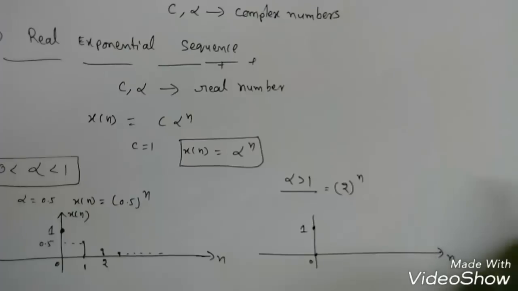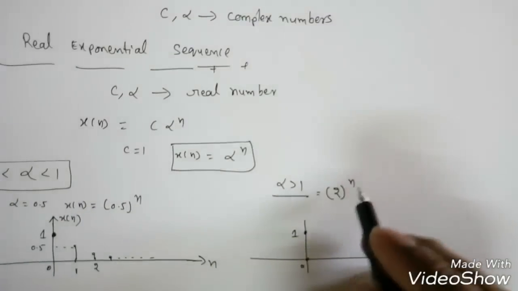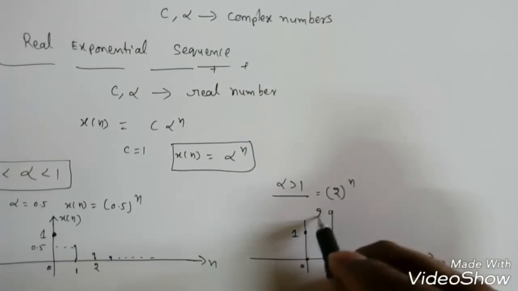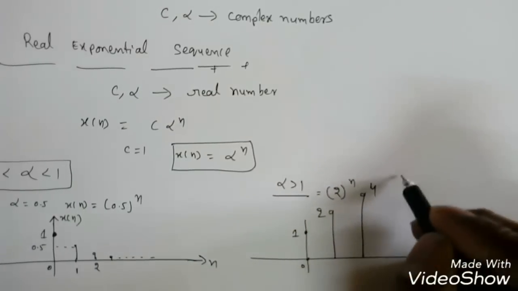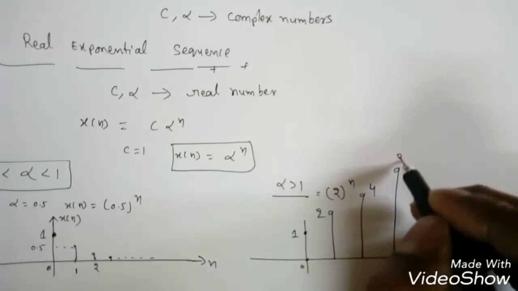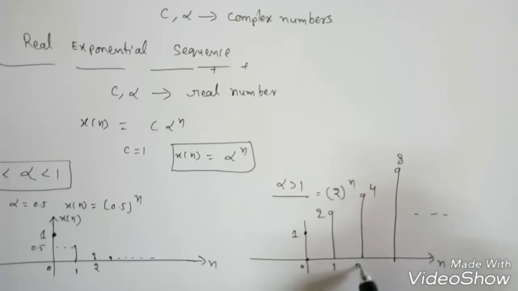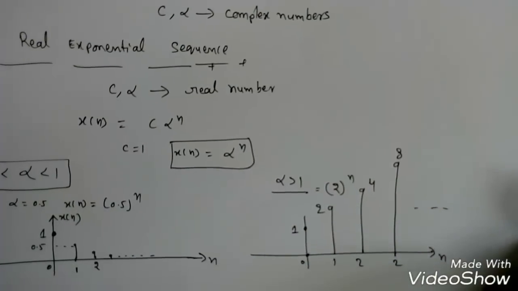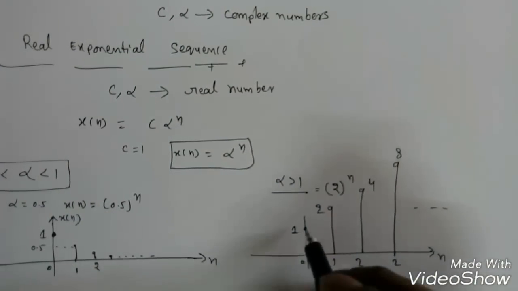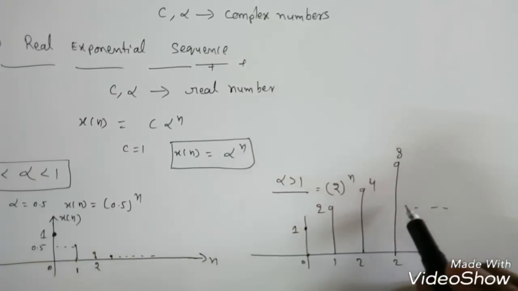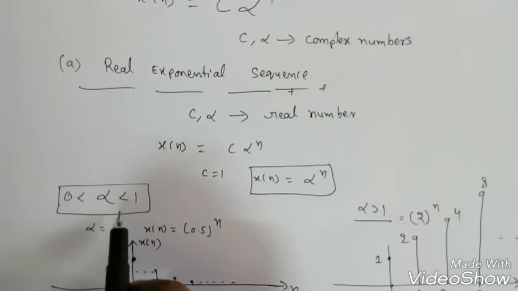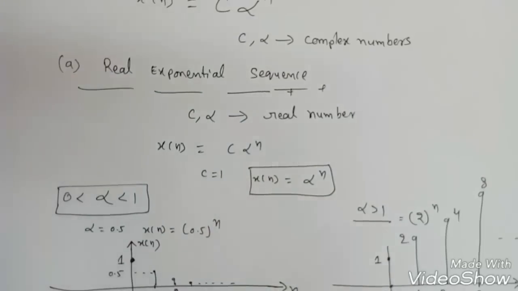That is 2 power 0 is 1, 2 power 1 is 2, 2 squared is 4, 2 cubed is 8 and so on. So this is an exponentially rising sequence, right? It is always a rising function. Whenever alpha is greater than 1, we will get one sequence, and whenever alpha is less than 1, we will get a different sequence, right?